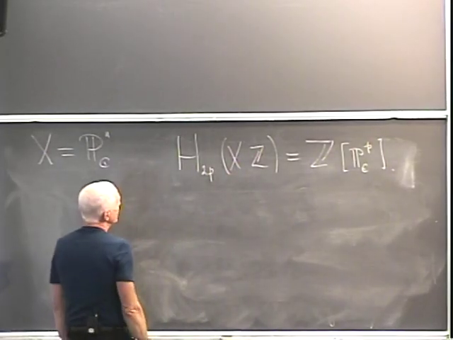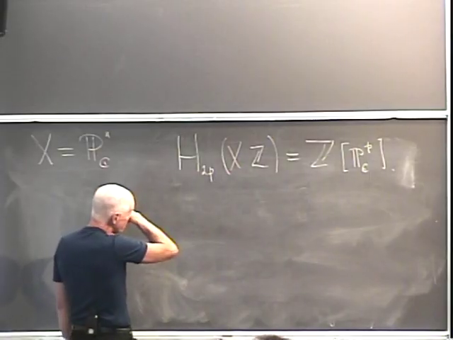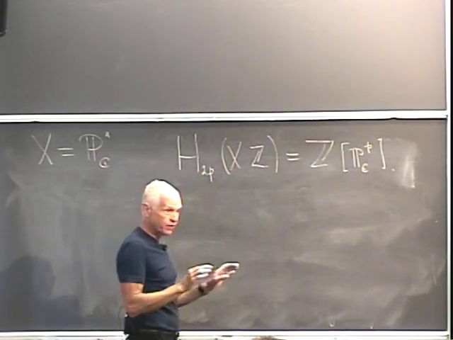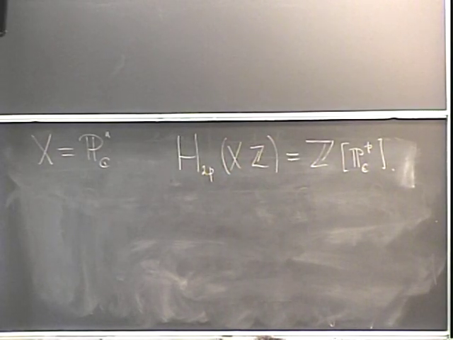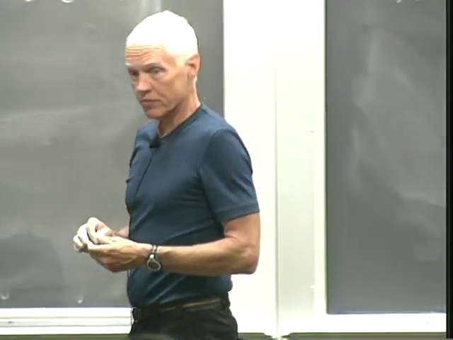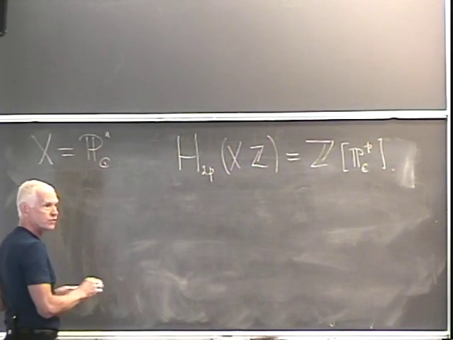Okay? And so now there are lots and lots of compact complex submanifolds in projective space. They're all defined in homogeneous coordinates by homogeneous polynomial equations. So it takes no imagination to write down tons and tons of these things.